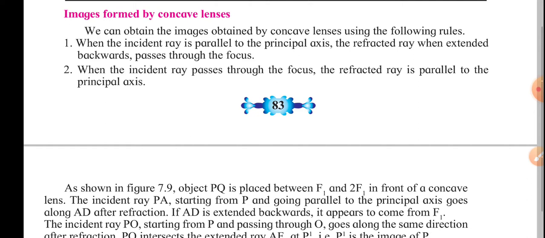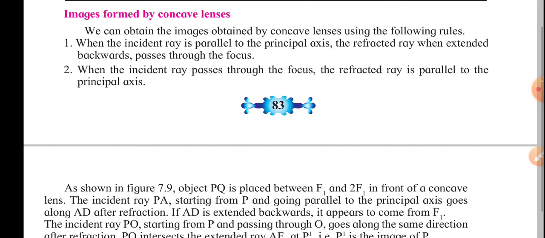When light rays fall on the concave lens, they go away from the principal axis. Due to that, the light rays after refraction through the lens move away from each other, and that's why the concave lens is also known as the diverging lens.